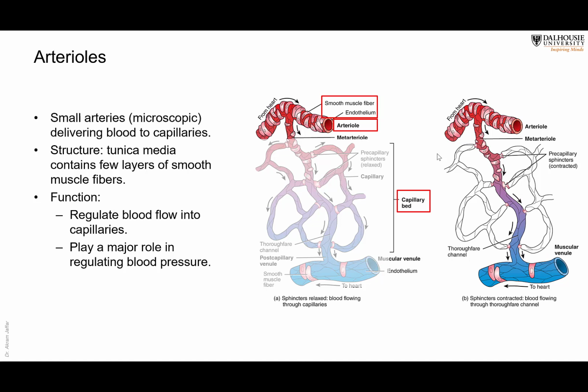And this takes place if the organ is not that much active at that time. When the organ becomes active, or a region of that organ, let's say, for example, in the brain becomes active, at that moment, these sphincters here are going to open and let the blood flush the capillary bed.